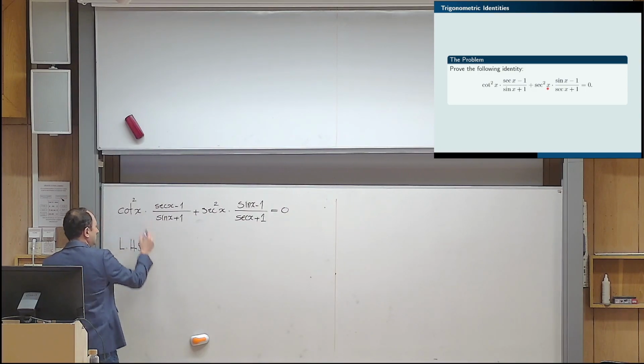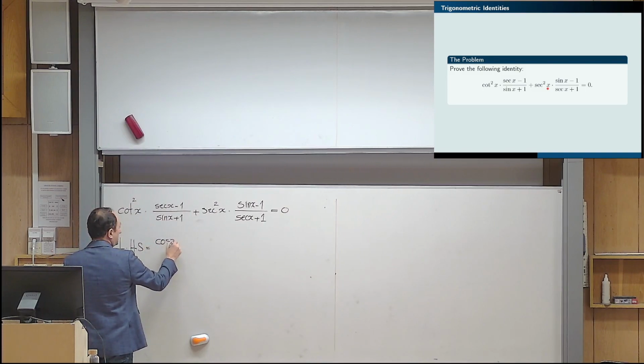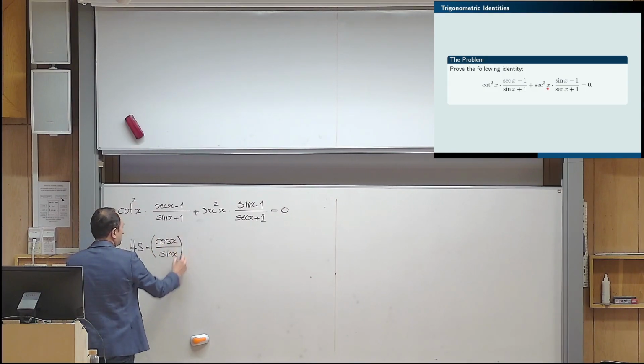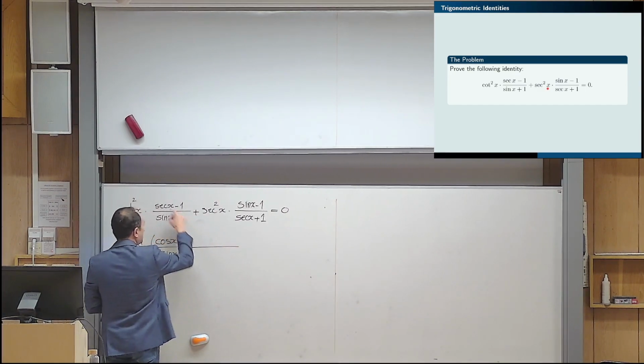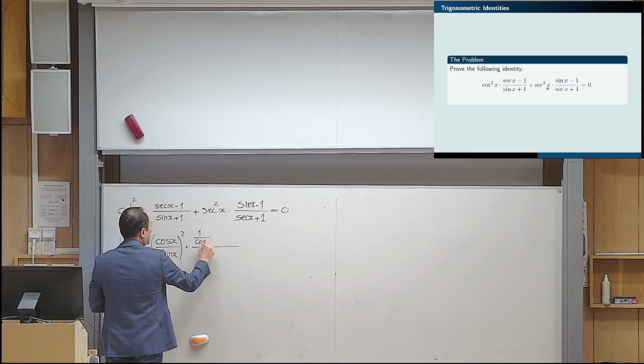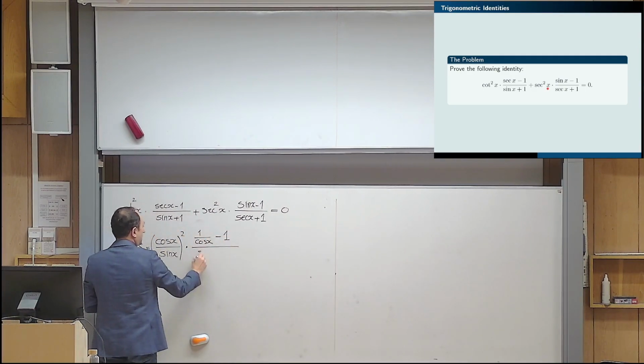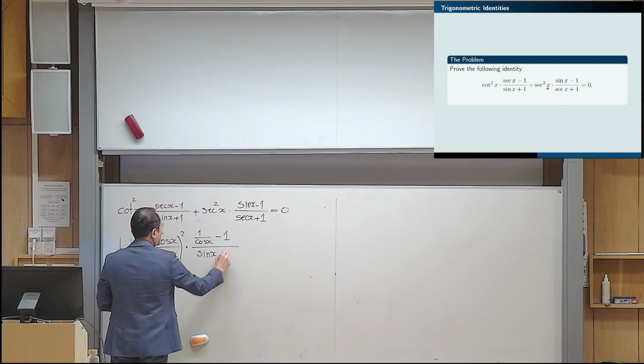So cotangent, according to my definition, is cosine x divided by sine x, and then to power 2, and then times secant x by definition is 1 over cosine x minus 1, and then I have sine x plus 1.